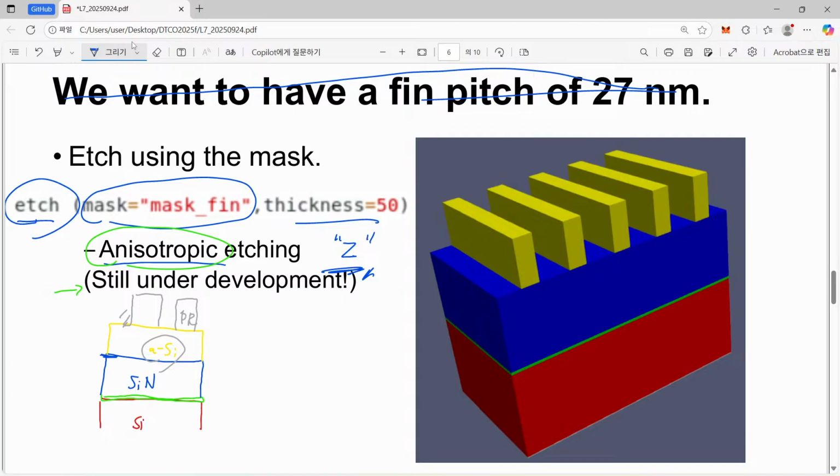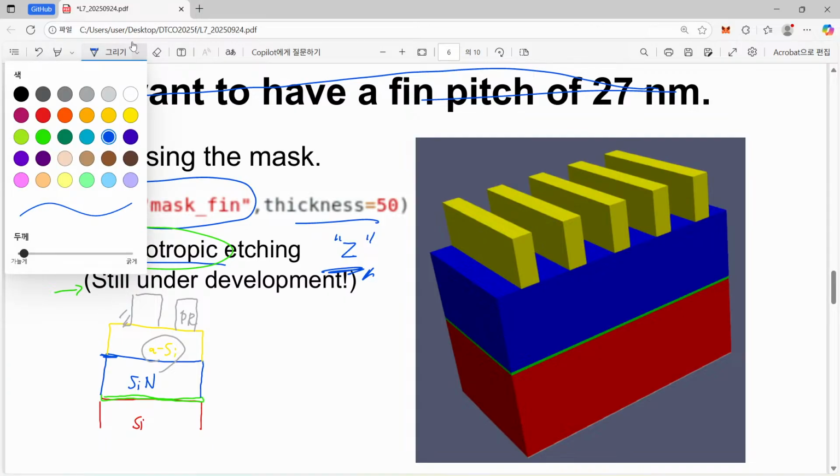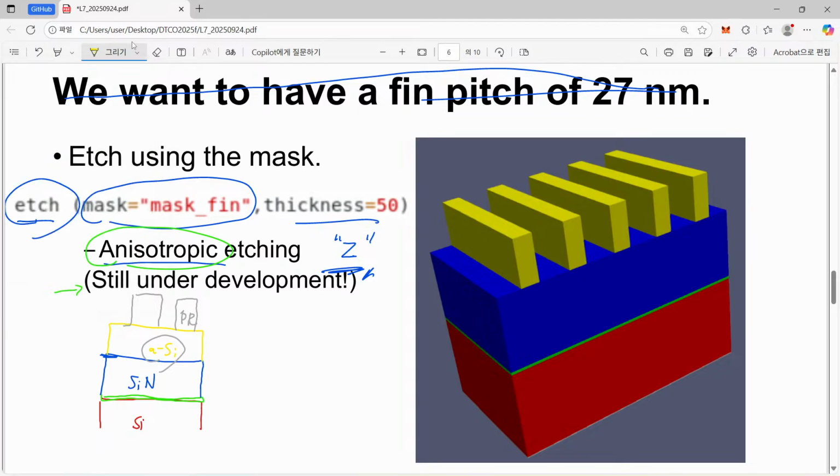I'm not quite sure I have delivered the main point well. Simply speaking, the only thing we can do with patterning is PR patterning. Photoresist can be patterned. After that, the transfer of the drawn pattern into other material should be done by the etching process.